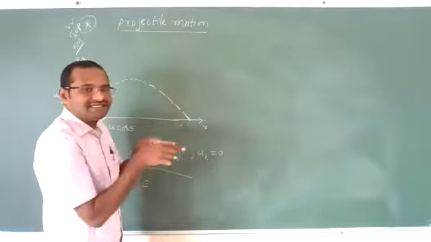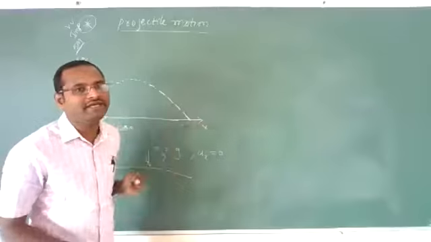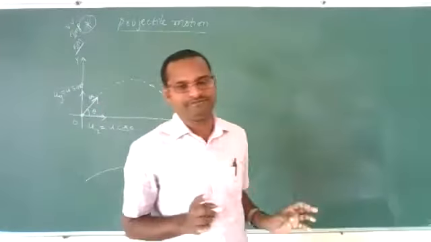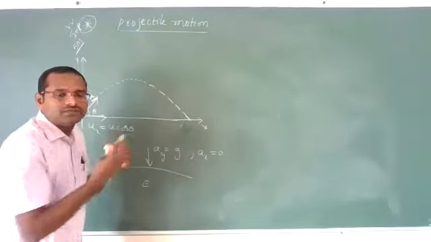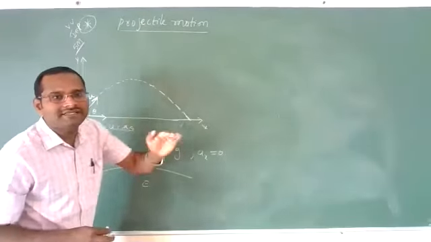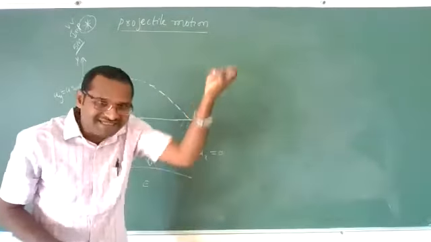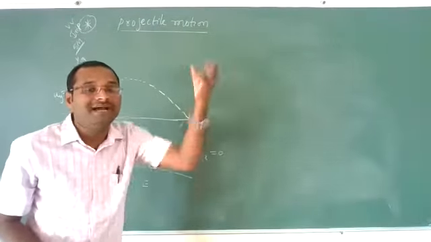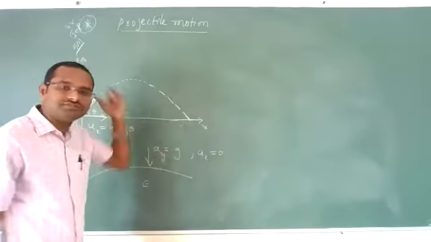Whatever velocity is given to the body, with that velocity only it will travel. No one is pushing or pulling it, so along the x-axis it is not accelerating. Along the y-axis it accelerates downward because the Earth attracts the body.